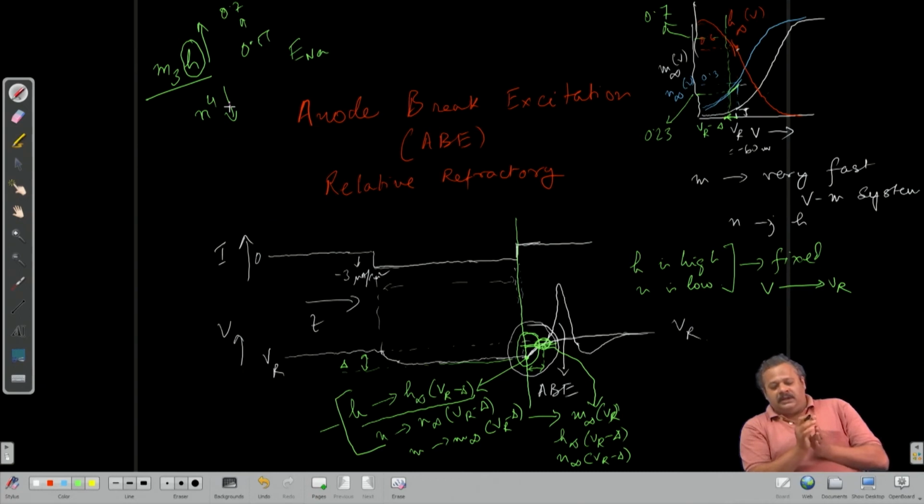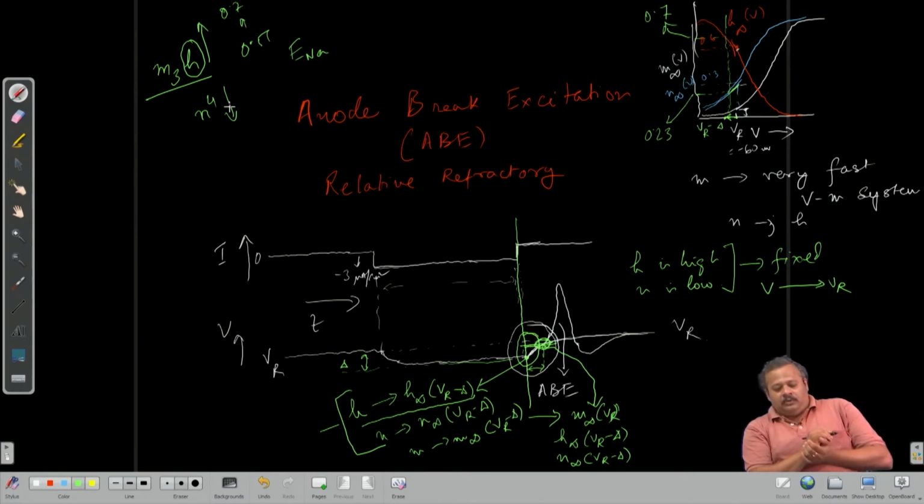So, this phenomenon is explained by the Hodgkin-Huxley equations. In the code provided for the Hodgkin-Huxley equations, you can run this and see for yourself that this is what the model shows, and this is also what was observed in real neurons. This was the first time Hodgkin and Huxley explained how anode break excitation happens.